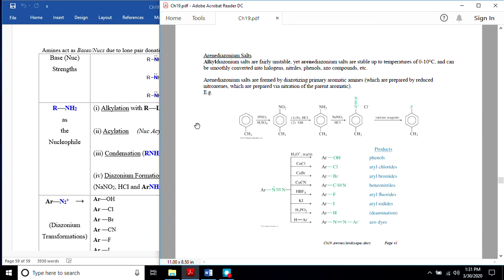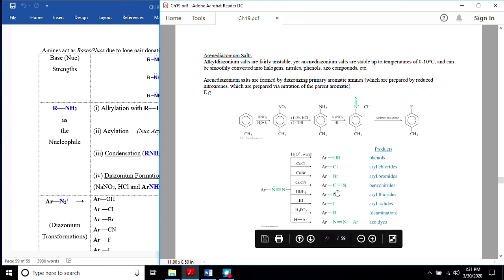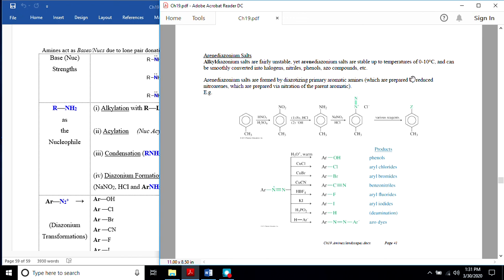So that was one of our standard EAS reactions. So notice that we can put any of these substituent groups onto an aromatic ring by employing this sequence of reactions. So aromatic to nitroaromatic, reduce your nitroaromatic to the aniline, aniline to diazonium, diazonium then to our final product.